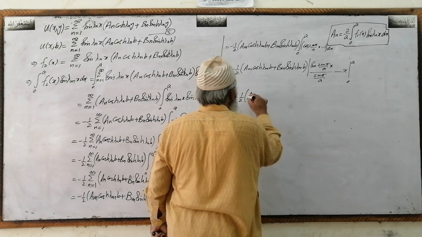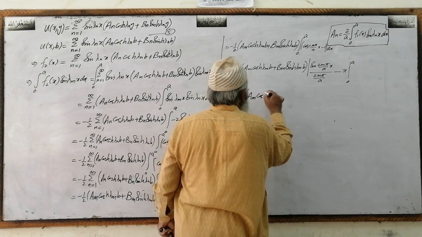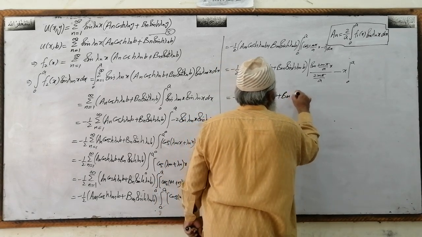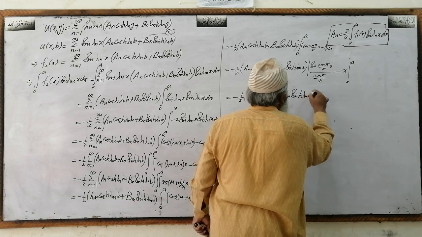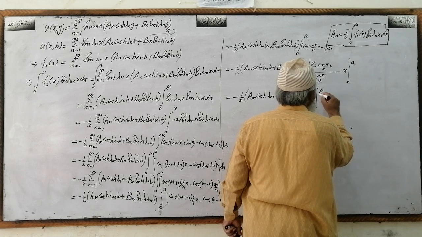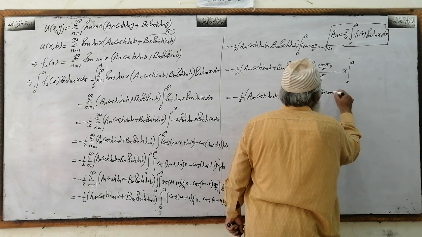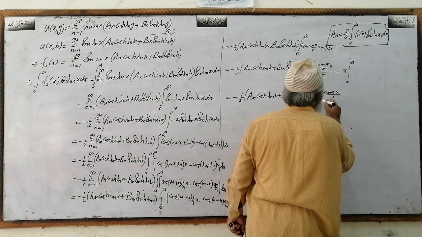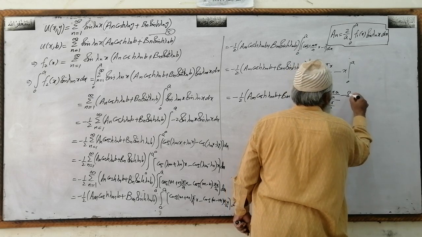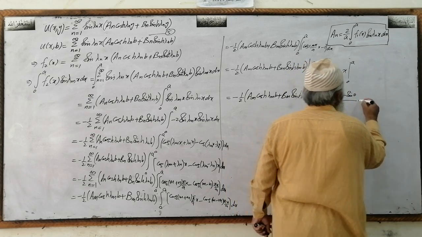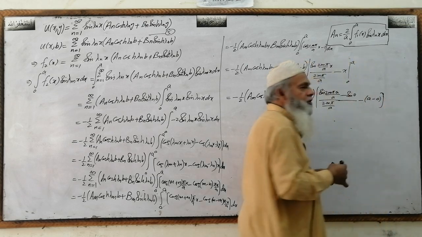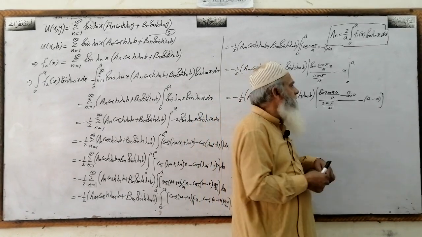Minus 1 by 2 a m cos hyperbolic lambda m b plus b m sin hyperbolic lambda m b, and when we apply the upper limit here, what happens? Sin 2m pi a over a divided by 2m pi over a, minus sin 0, and minus a minus 0. I think you understand how we applied the limits.